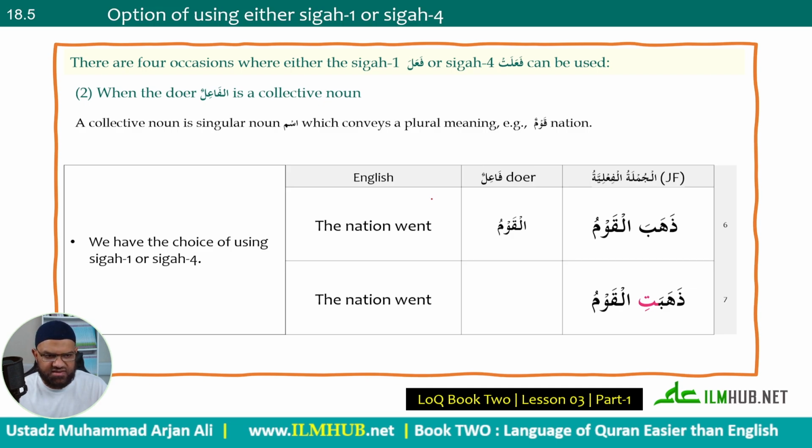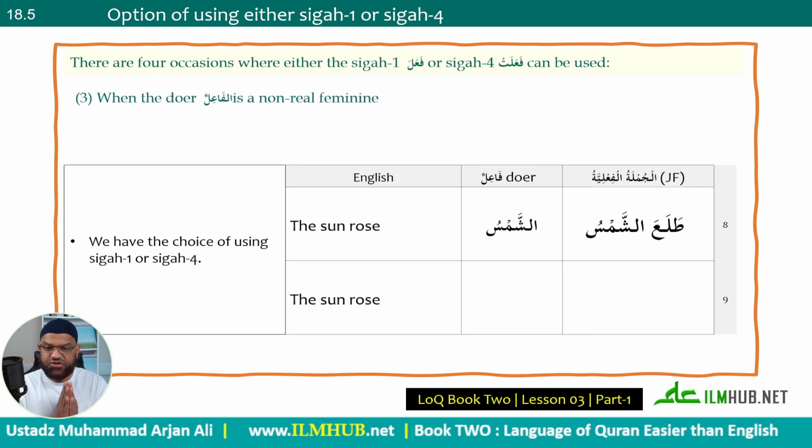Even though it is masculine, I'm treating it as feminine as per the rule above. So if the doer is a collective noun, I can use both, or both have been used in the language. And I think we saw some examples of it in book 1 also. So al-qawmu, masculine, but I'm using dhahabat.